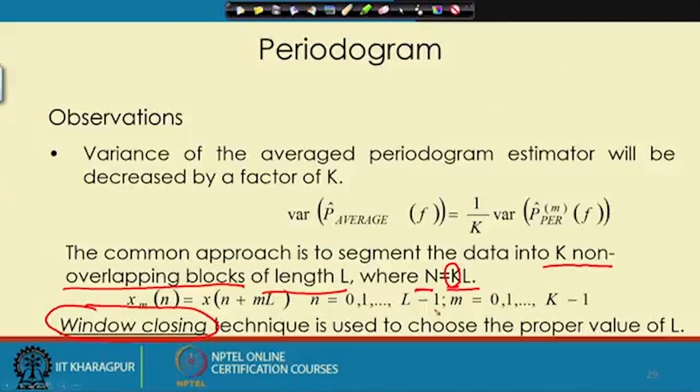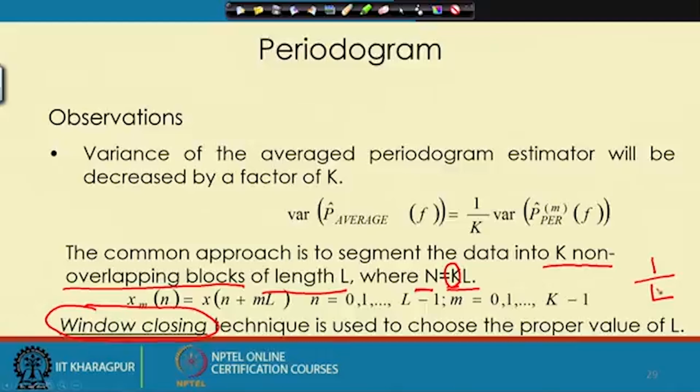We will have a band pass filter which comes out of the finite data set. It has a bandwidth proportional to 1 by L in this case. So, frequency domain resolution will decrease if we reduce L. So, that is not a good option.